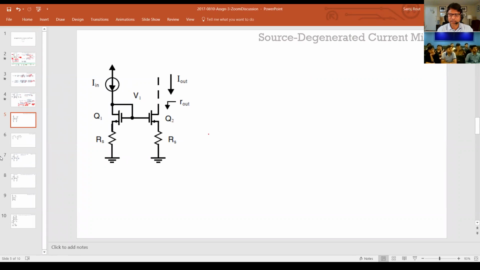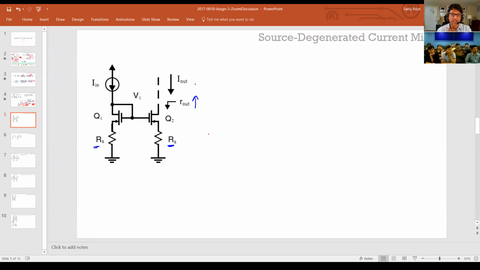So in the source-degenerated one, you basically get these two resistors here, RS, connected to the source side of it. And we'll see why we do this. The reason we'll see as we derive it is that we want to actually enhance this output impedance. We want to increase the output impedance.